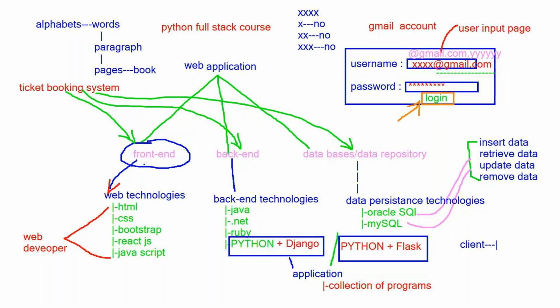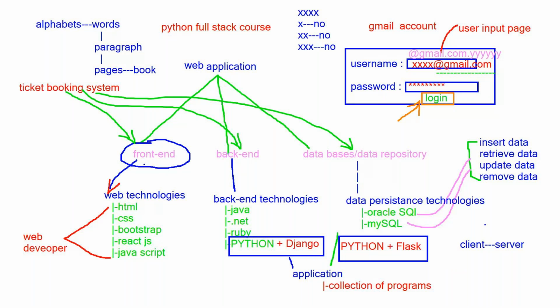This is a separate scenario and I will explain it later. If you are entering into a Gmail application from your computer, what is the client machine, what is the server machine, and how they interact with each other. We will prove it in the ticket booking system.